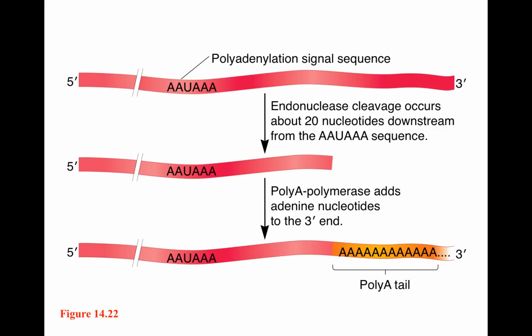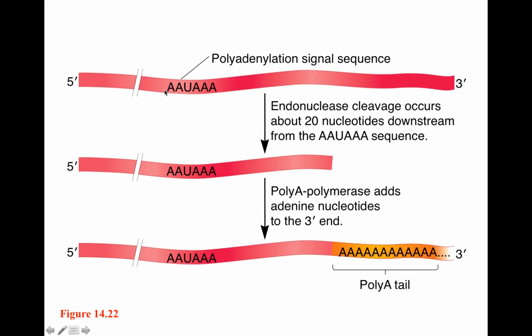Okay, what about the other end of the molecule, the PolyA tail? Every messenger RNA has a polyadenylation signal sequence towards the end of the transcript. AAUAAA, that's pretty universal.